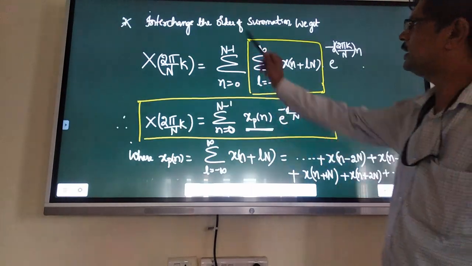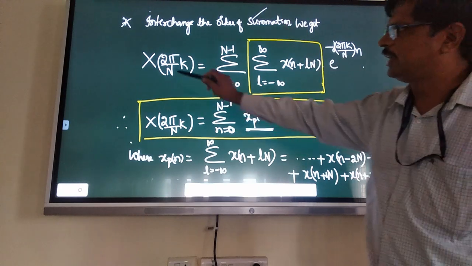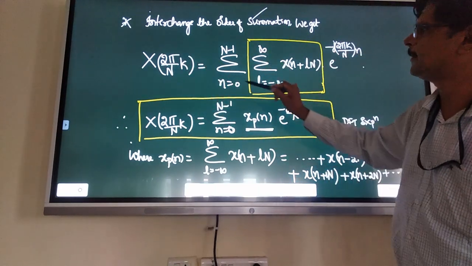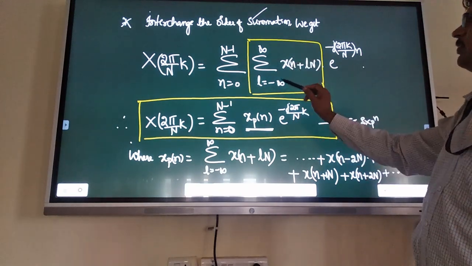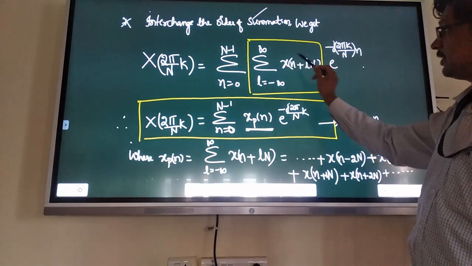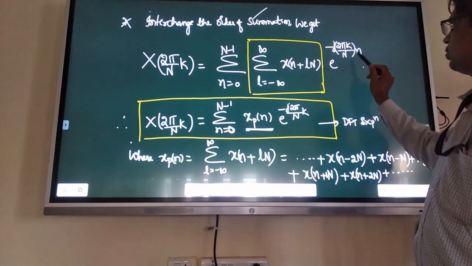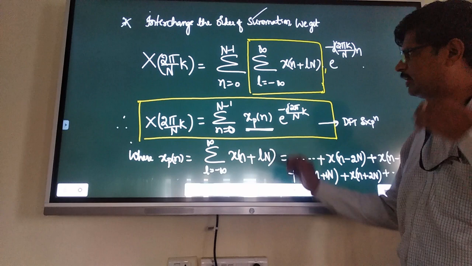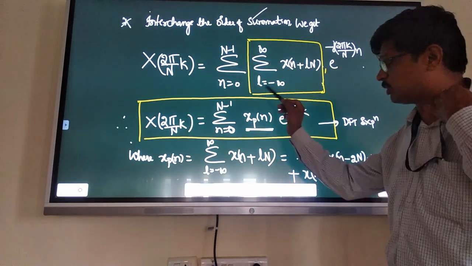Interchange the order of summation. Last, X of 2πk/N is equal to n equal to 0 to N minus 1 as the first summation, and the summation over l from minus infinity to plus infinity of x of n plus lN as the second, into e power minus j2π kn by N. This whole thing is nothing but, now, I have taken the l advantage, I am removing it now.